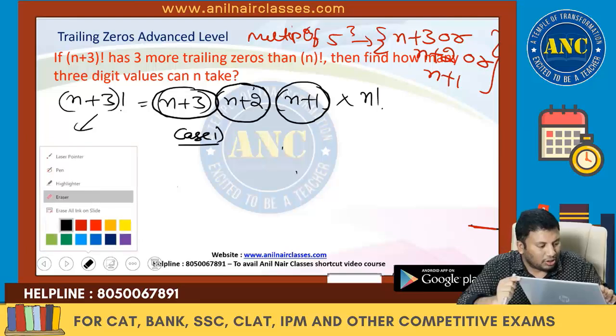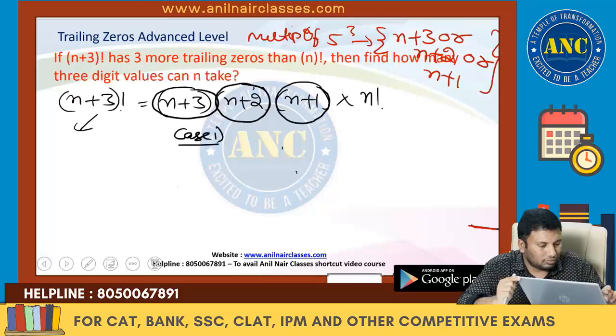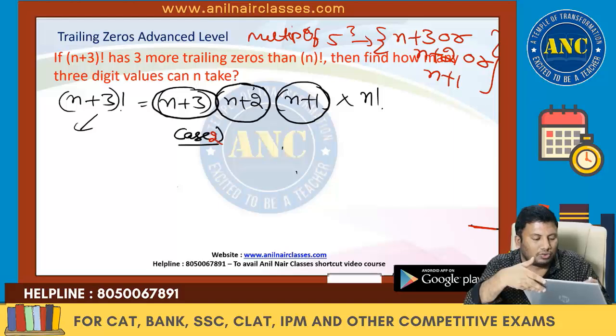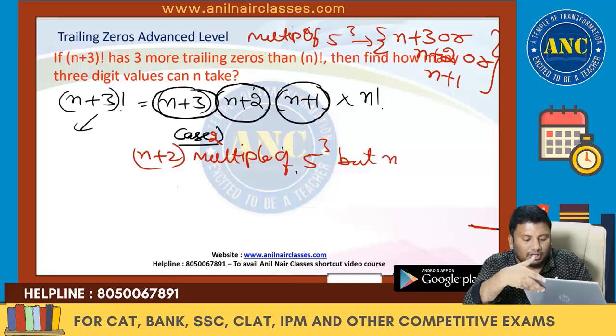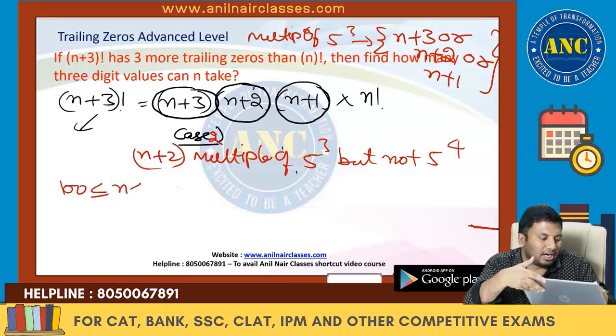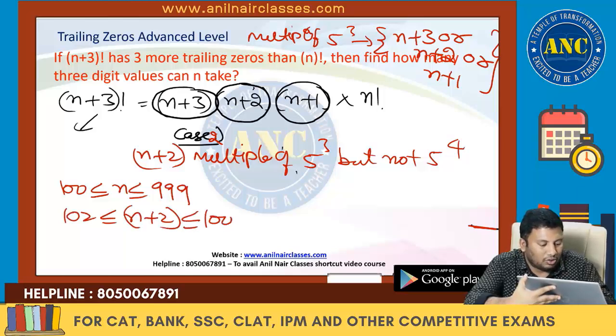Case number 2. Case 1 is over. Case 2: n plus 2 should be a multiple of 5 cube, but not 5 power 4. You don't need to do this, but I am doing it just for your understanding. 100 less than or equal to n less than or equal to 999, so 102 less than or equal to n plus 2 less than or equal to 1001.